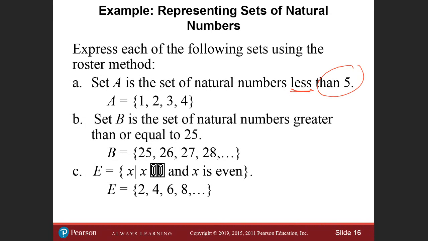So it means you start with the smallest value, which is 1, and the biggest value here is 4 because the condition is less than 5. So this is all about knowing the symbols and knowing the definition of each of the symbols.